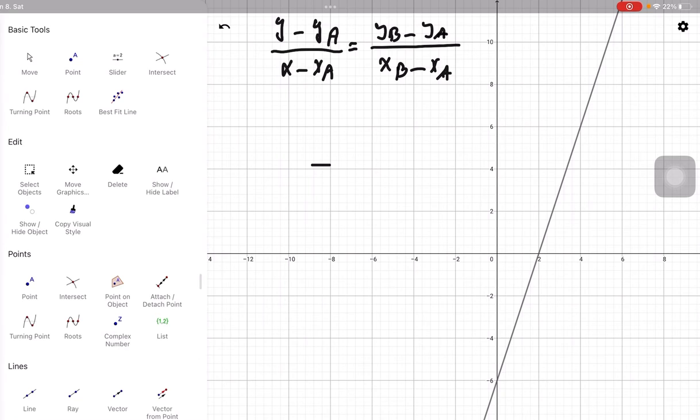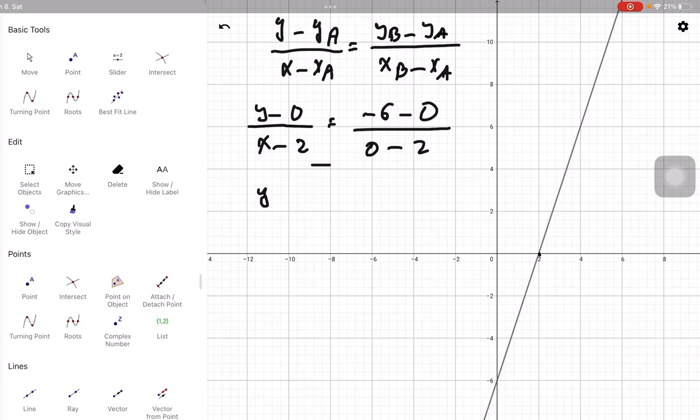And I can put the numbers here: ya is 0 for this point, and xa for this point is 2, and yb is minus 6 minus 0, and for xb it will be 0 minus 2.